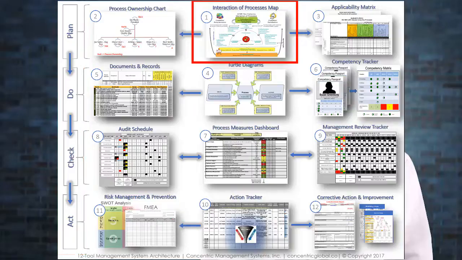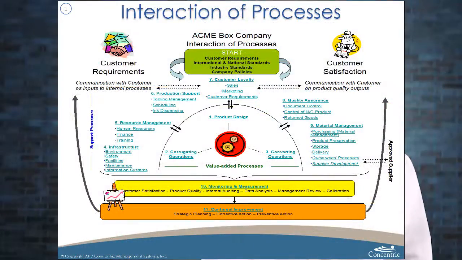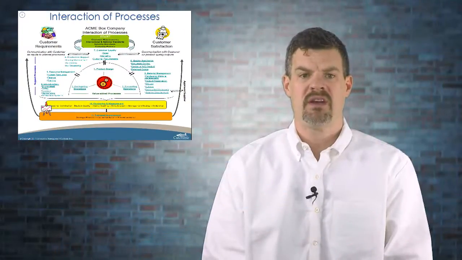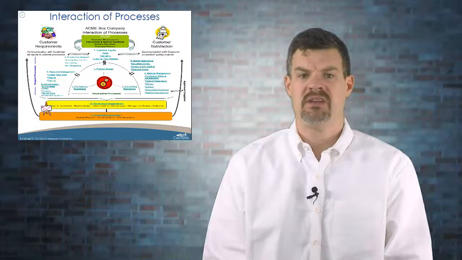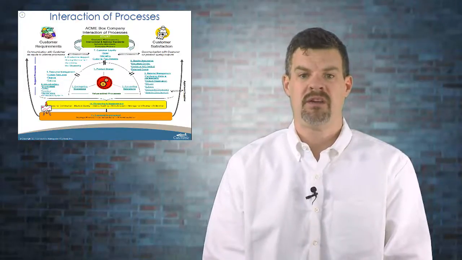So let's dive into tool number 1, which is the interaction of processes map. The interaction of processes map is one of the first few tools that can be used to satisfy clause 4.1 through 4.4. And what this does is it's very simple, a basic inventory of all of the processes of your quality management system.